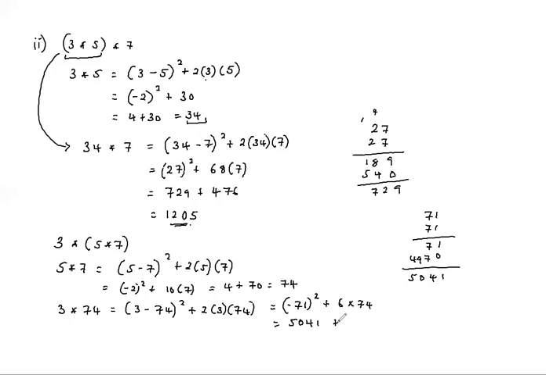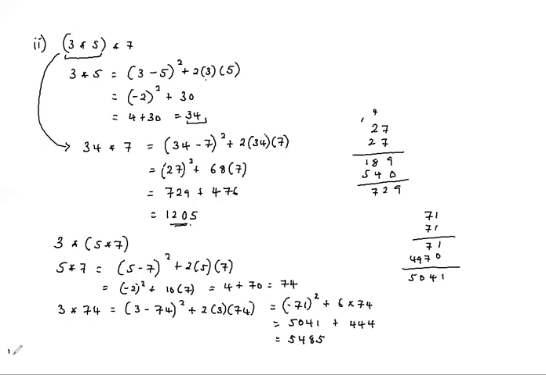So we have 6 by 4, 24. Then 6 by 7, 42. 42 plus 2, 44. So when we add this, we get 5485.